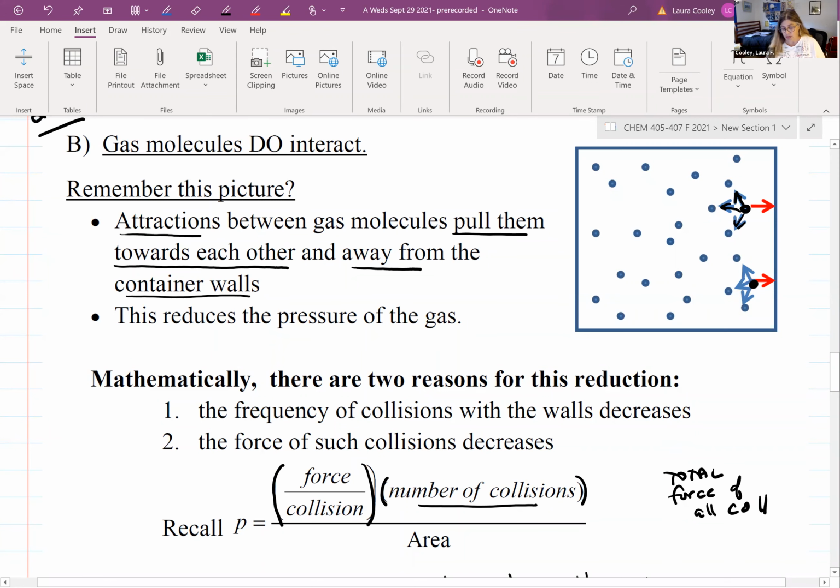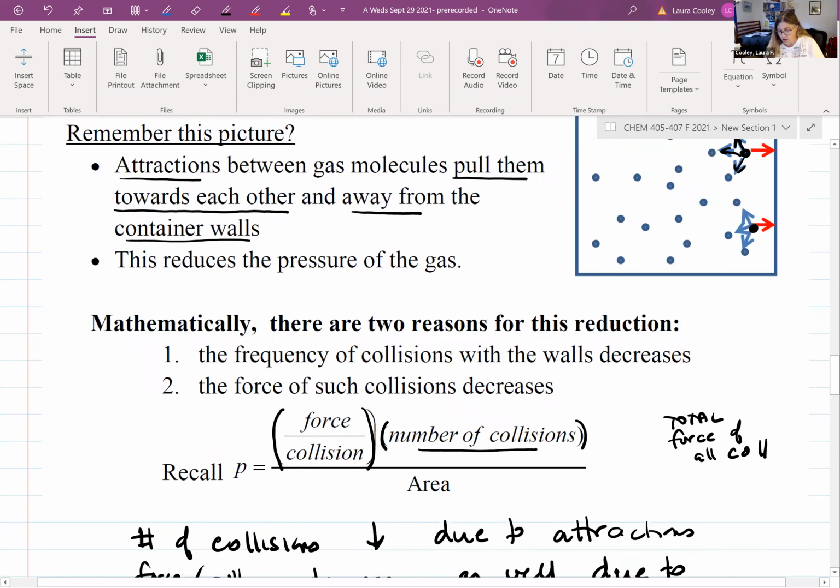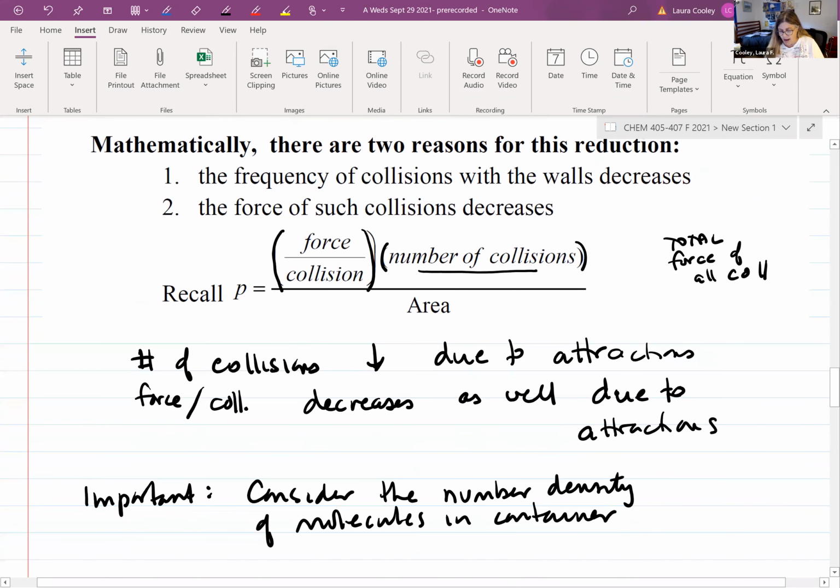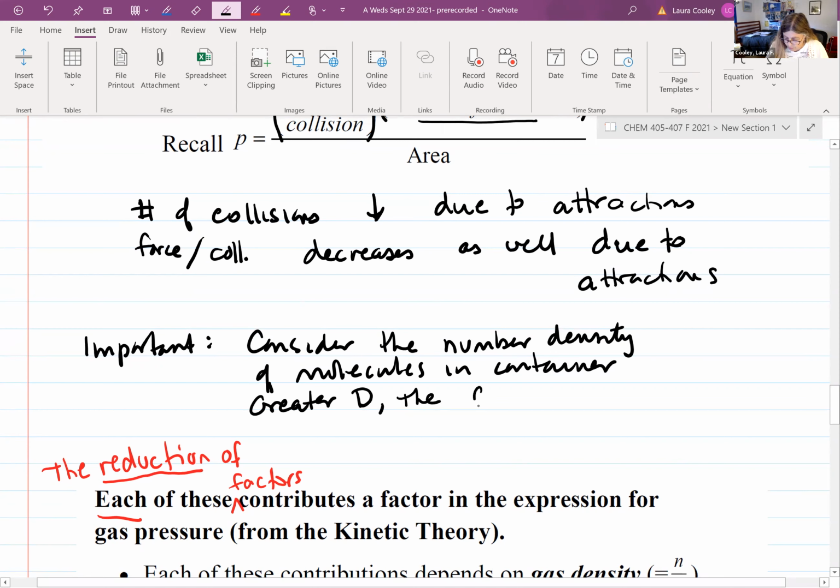And of course, it will reduce the number of collisions. So if you have more molecules there, so more molecules or greater number density, the force per collision and the number of collisions will both be lower.